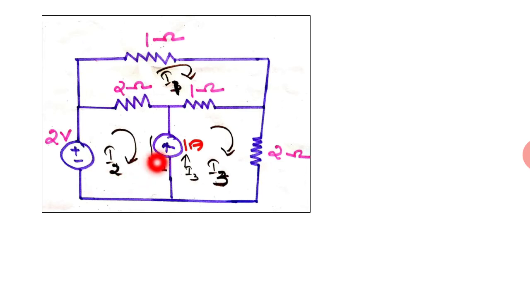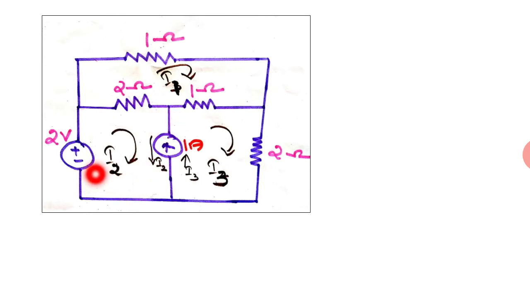To explain it, if these are two meshes, even though this is a current source, assume V is the voltage across this 1 ampere current source. Then applying KVL, we can write 2 minus 2(I2 minus I1) minus V equal to 0.